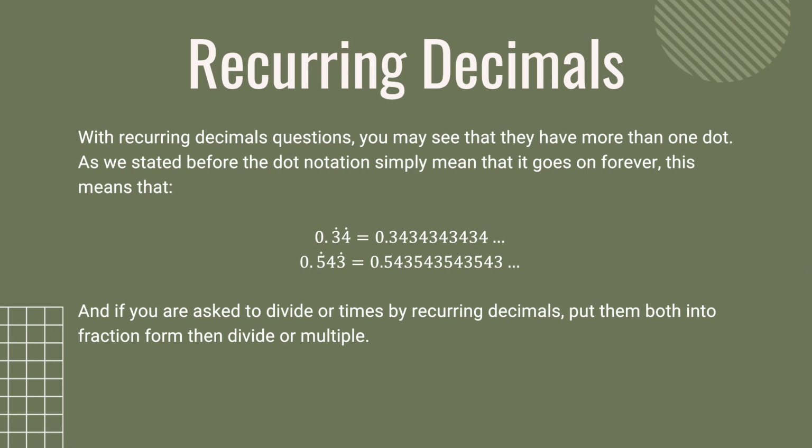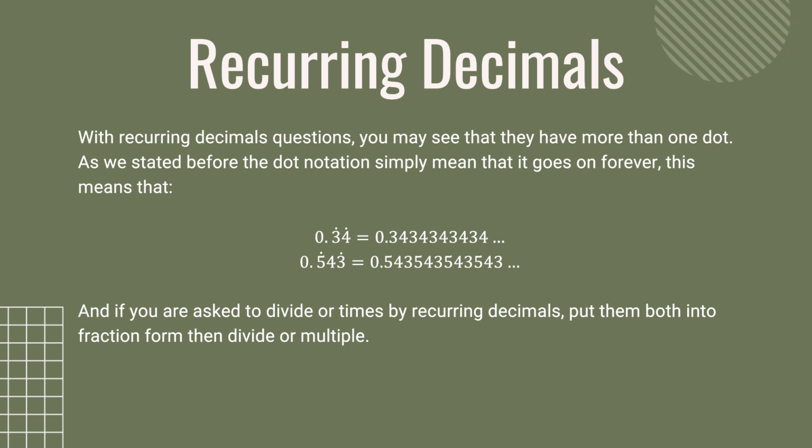With recurring decimal questions, you may see that you have more than one dot. As we stated before, the dot notation simply means that it goes on forever. This means that, as we saw before, 0.34 with both dotted would mean 0.34343434 carrying on forever. But 0.5 with a dot on the 4 and the 3 means 0.543543 carrying on.